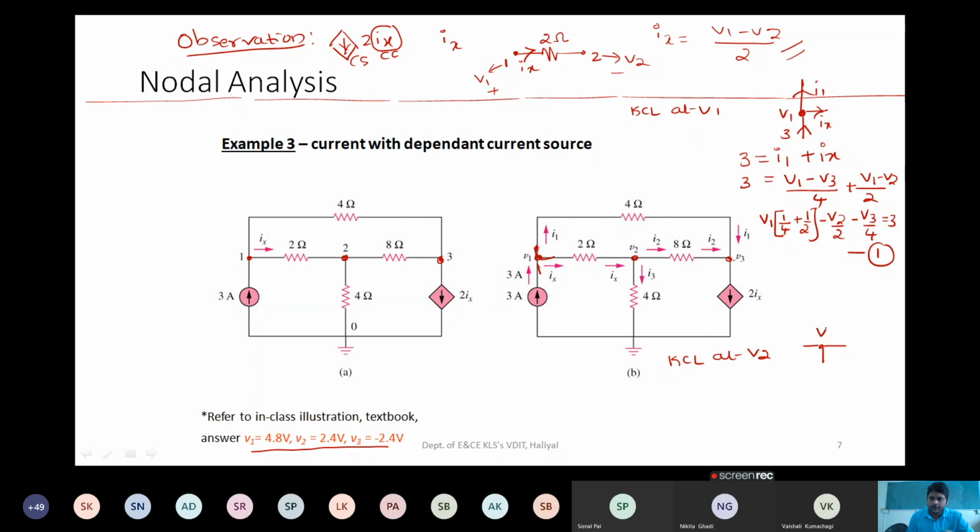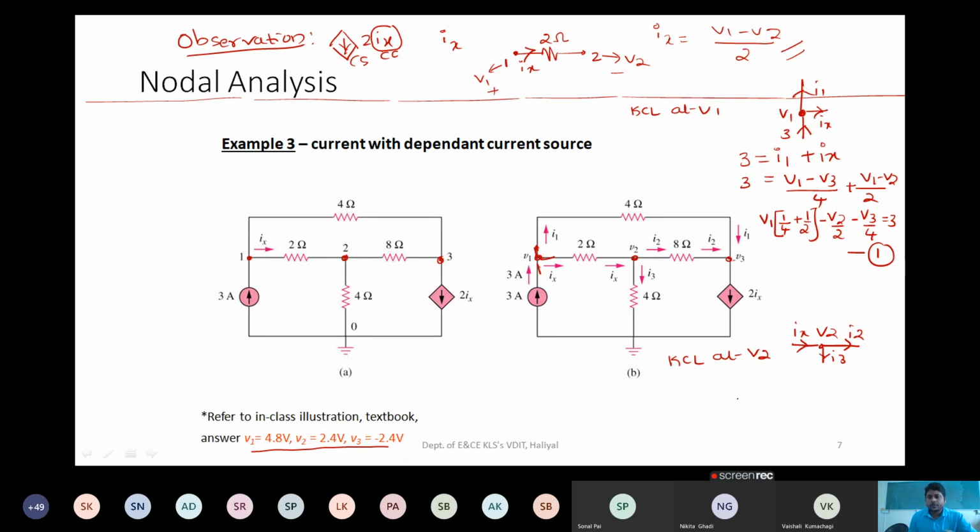We have V2 here, but the direction of current is like this, Ix, then we have I3, then I2. If the directions are given, then no problem, we can go with respect to that. If it is not given, we assume that everything is outgoing current. And if Ix is specifically mentioned, then we have to adjust accordingly.